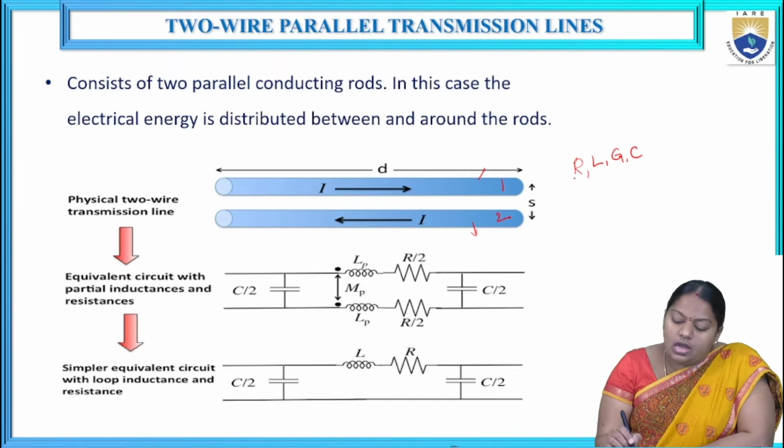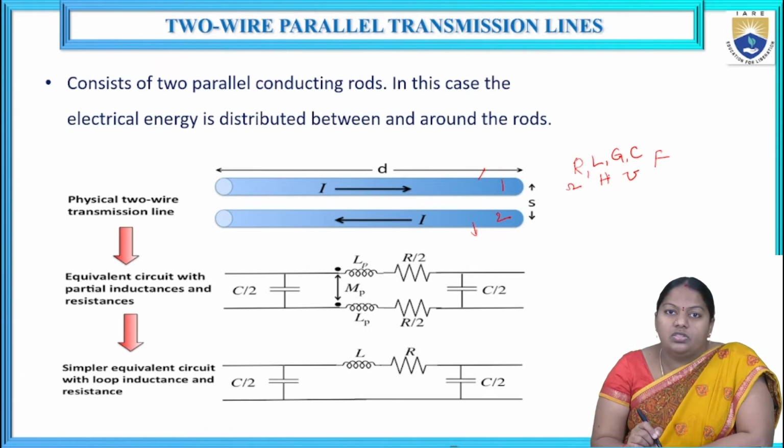Resistance R is measured in ohms, inductance in henries, conductance in mhos and capacitance in farads. Throughout the length of the transmission line, these are all uniformly distributed.